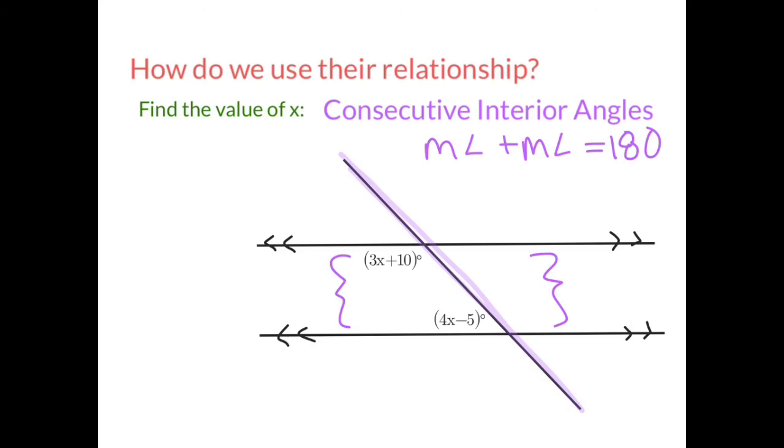So let's go ahead and set up this problem. So 3x plus 10 plus 4x minus 5 equals 180. So I'm going to combine like terms here and start solving.